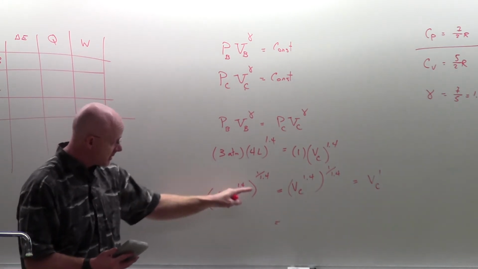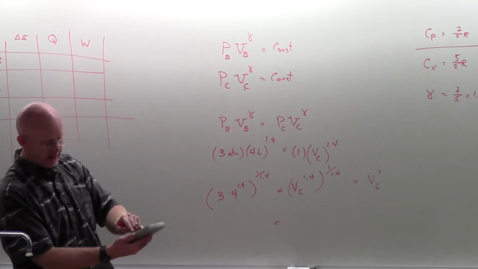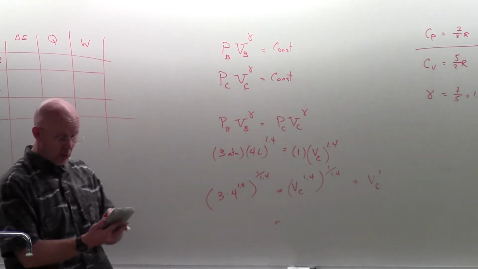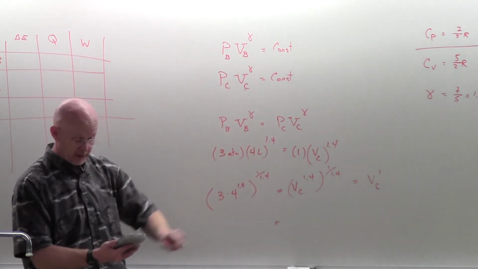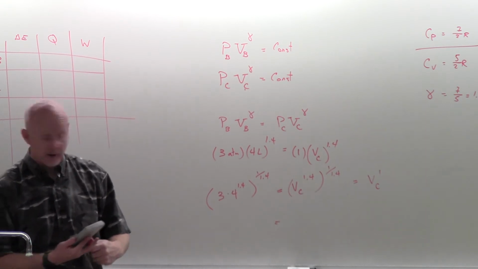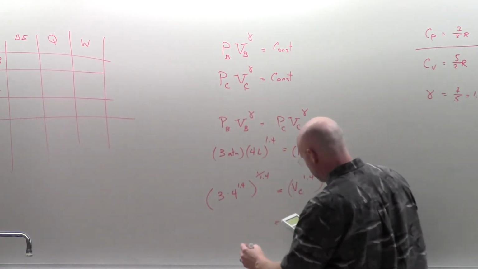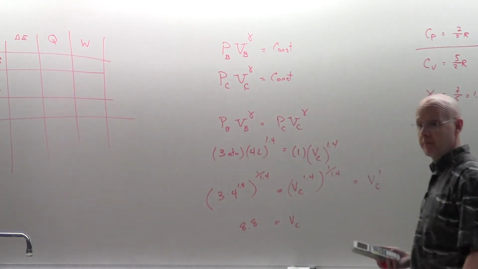So that's inside here. Now I need to raise it. So I hit the caret for raise. And I just do 1.4 and then hit the reciprocal key. 1.4 reciprocal key and then hit enter. And so assuming I have done my math right, I get 8.8. Question?